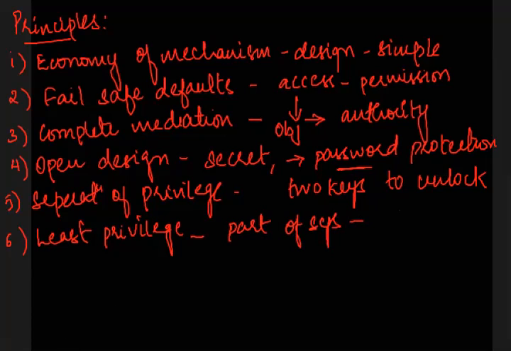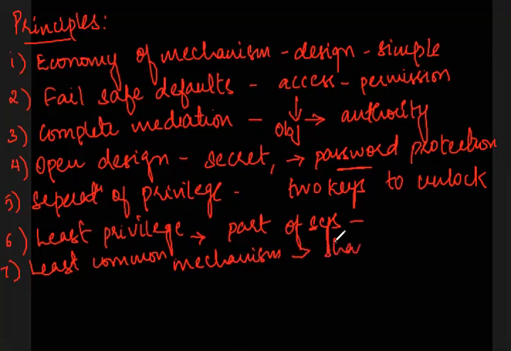Then the next one is the least common mechanism. Within this least common mechanism, the different shared variables that you're using within the software, this is called your minimize mechanism.